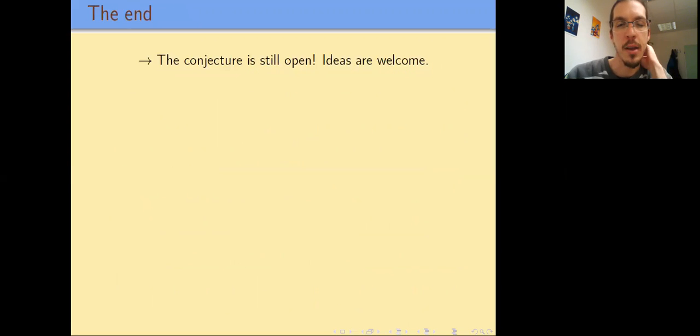So the conjecture is still open. We don't really know what the next step towards solving this conjecture would be. So any ideas are welcome, really.